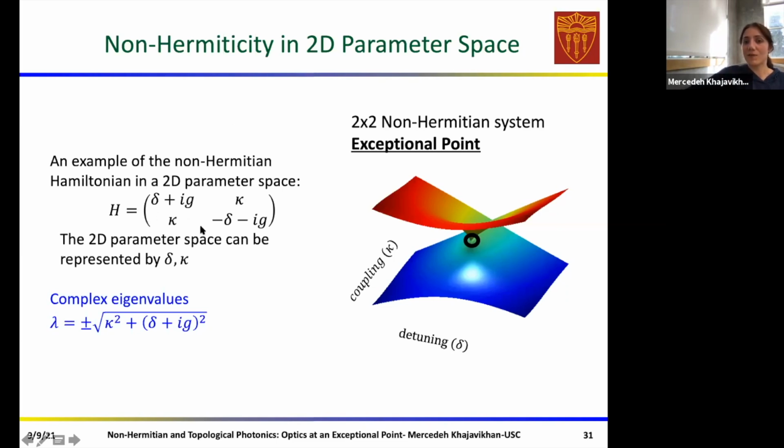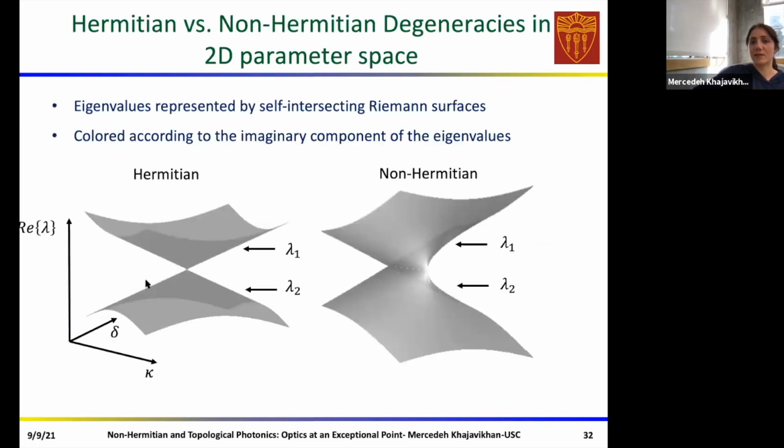And immediately when you do that and you start to look at what happens to these Riemann surfaces that are representing this system, you see that this is becoming a really complex and very, very rich system, in the sense that the geometry of this Riemann surface is no longer that simple one that you expect from the standard Hermitian system.